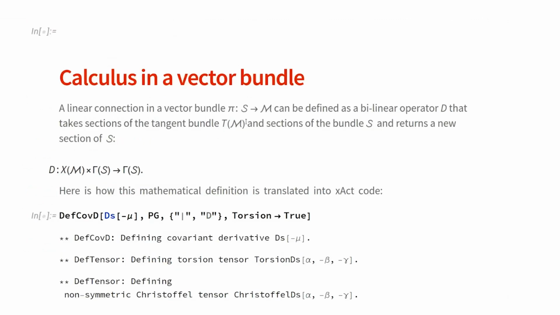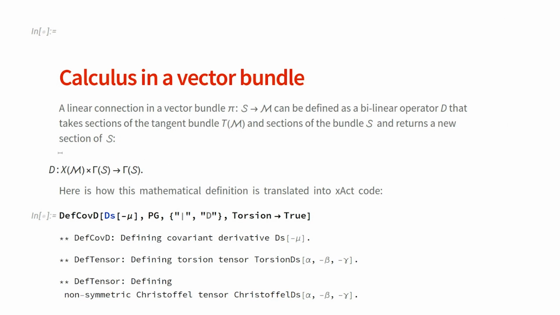Right, now that we have the vector bundle, we want to do calculus in the vector bundle, and for that we need a linear connection in it. It can be defined as a bilinear operator that takes sections of the tangent bundle and sections of the bundle itself, and returns a new section of the bundle.